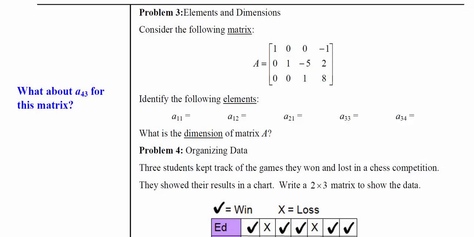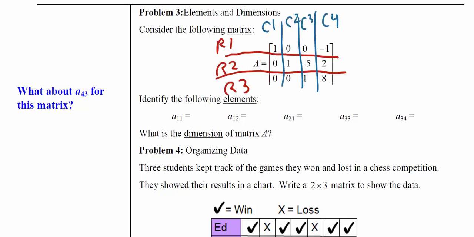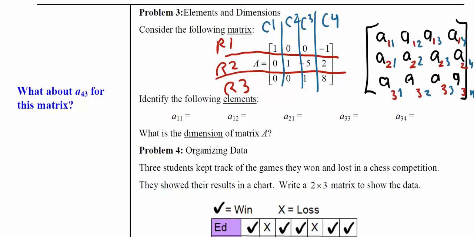We now consider matrix A, and we will look at its rows and columns. We know that it has 3 rows and 4 columns. And we see that this matrix could be represented by these elements. You'll note that the first subscript is 1, and then the second subscript is a 1, representing row 1, column 1.